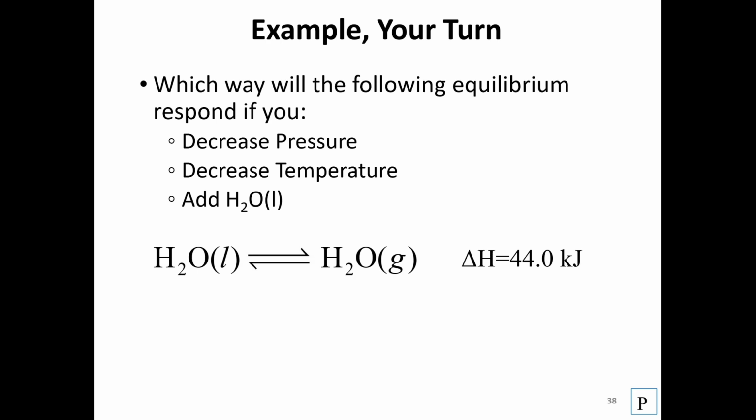So take a minute and do this problem. There's an equilibrium there, and by the way, it's not a chemical reaction; it's a physical change, but it's a dynamic equilibrium. So same rules. So pause the video for a minute. Try to figure out which way the equilibrium shifts if you do each of these three changes. Then we'll give you the answers.